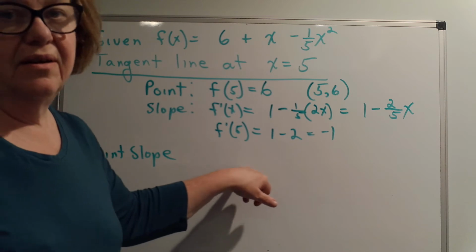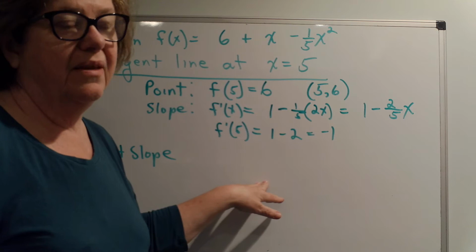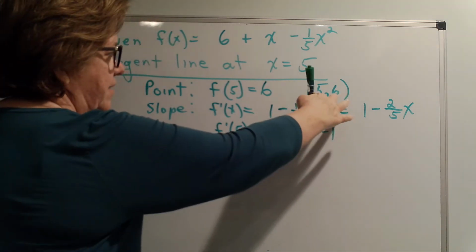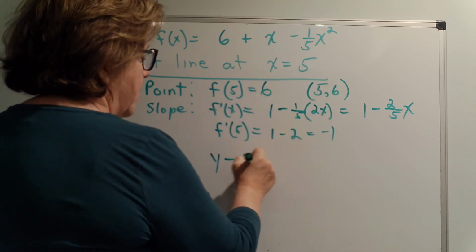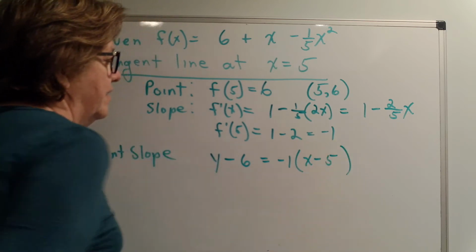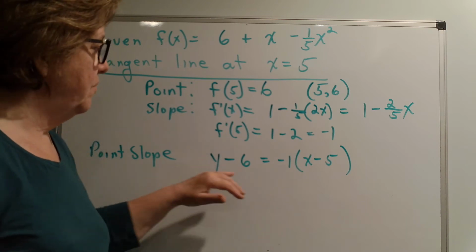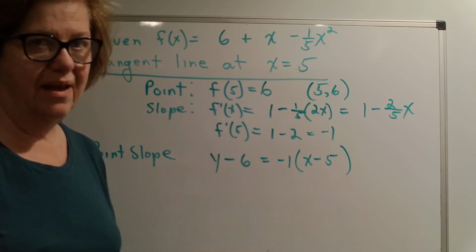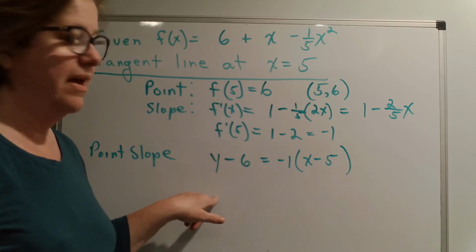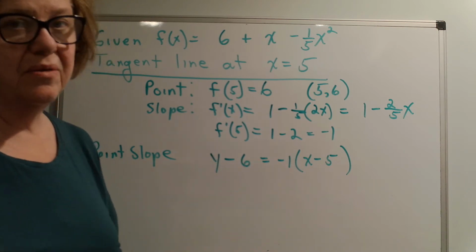I'm going to use it here because your book uses it in this chapter. So we say y minus, the point is (5, 6). So y minus y1 equals slope times x minus x1, if you remember the formula. So notice this comes from the fact that given any point (x, y) on the line, the rise divided by the run, y minus 6 over x minus 5, is always going to be negative 1.